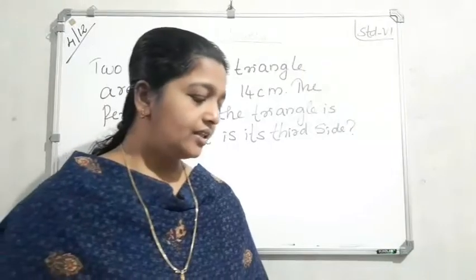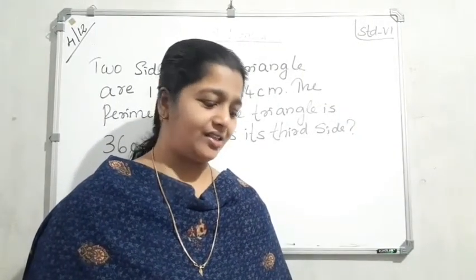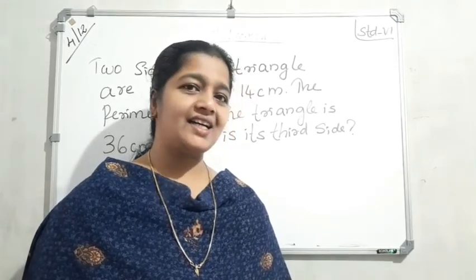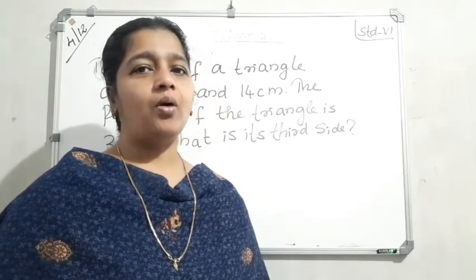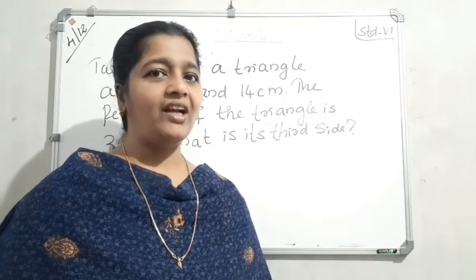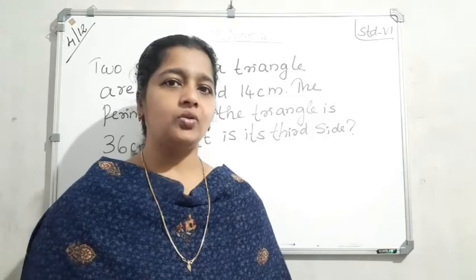Next question. Two sides of a triangle are 12 centimeter and 14 centimeter. The perimeter of the triangle is 36 centimeter. What is its third side? We studied that the perimeter of a triangle equals the sum of the lengths of the 3 sides. From the question, 2 sides are given. So first we want to find the sum of the lengths of the 2 sides.